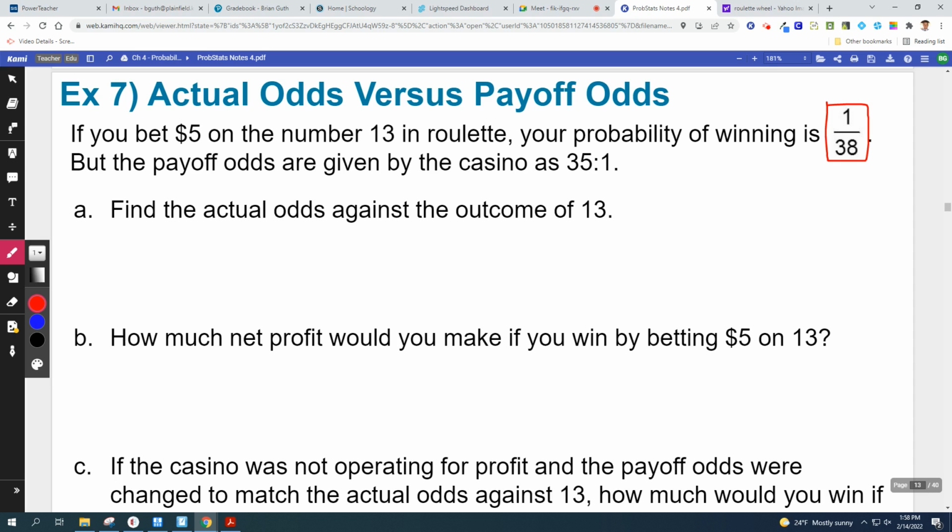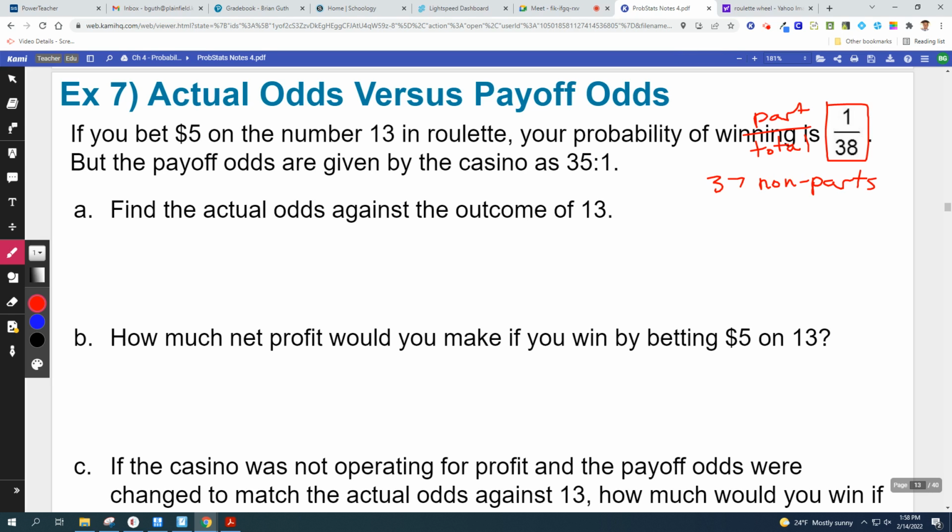If this is part over total, the easiest way is saying, the part that I want, there's one of them. There must be 37 others, right? There are 37 non-parts or 37 losing slots. So the odds against the outcome is going to have a 37 in it for sure.